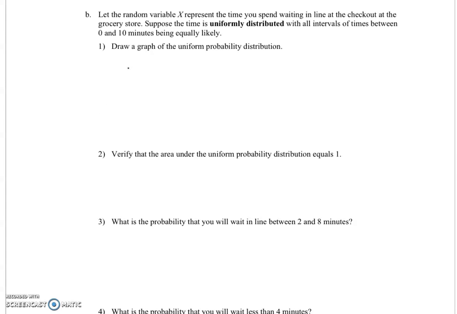Draw the uniform distribution. So it's uniform, so again, we have our rectangle. And it says we're going from 0 to 10 minutes this time. And so remember, our probability goes on the vertical axis, our random variable x goes on the horizontal axis, and the rectangle is 1 over whatever the distance is from 0 to 10.